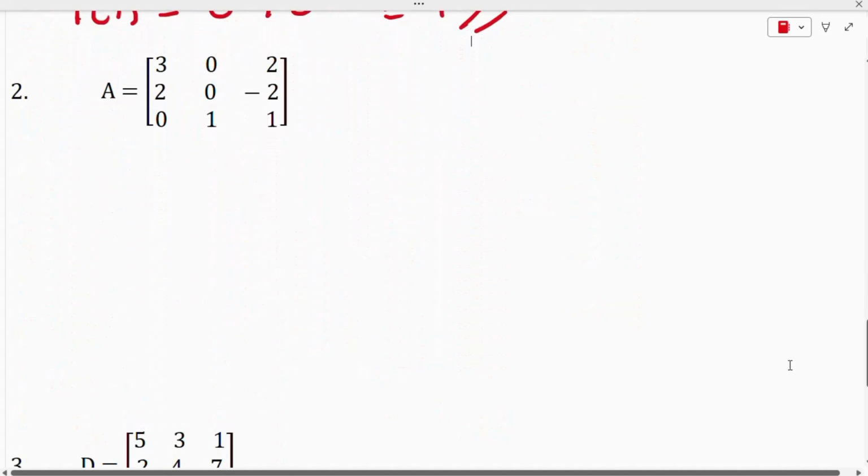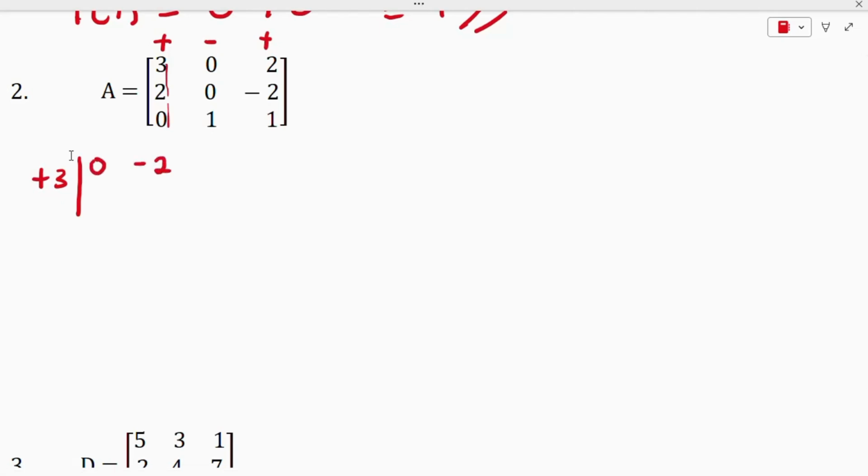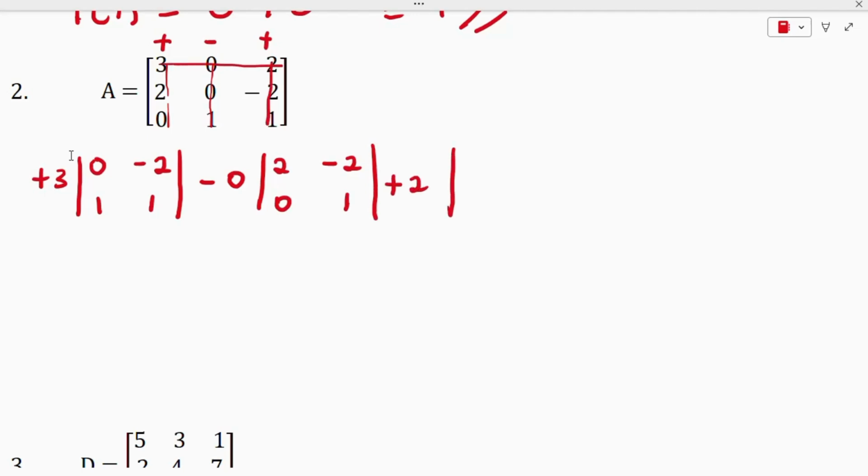So we have this example right here, and we want to find the determinant. The first thing we want to do is to put in our signs, which is plus, minus, what? Plus. So we have plus 3 into, so if you take out this row and this column, we have 0 negative 2 1 1 to be left, minus 0 into, so here is out, so we're taking 2 negative 2 0 1, plus 2 into, so here is out, so we have 2 0 0 1 to be left.